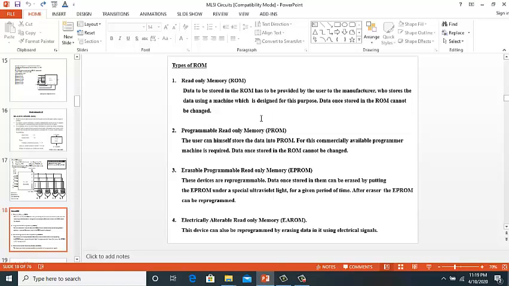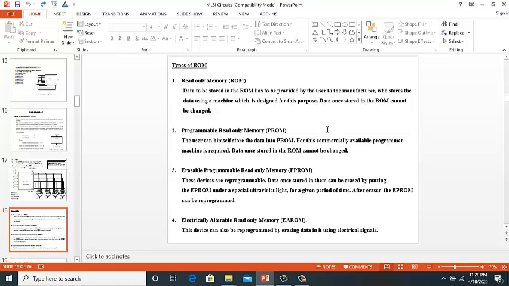This is another type of ROM which is known as programmable read-only memory, PROM. Now the difference between ROM and PROM is that in case of PROM, you don't have to go to the manufacturer to store the information into your ROM. You can purchase a PROM, and then you can have a machine at your own home.